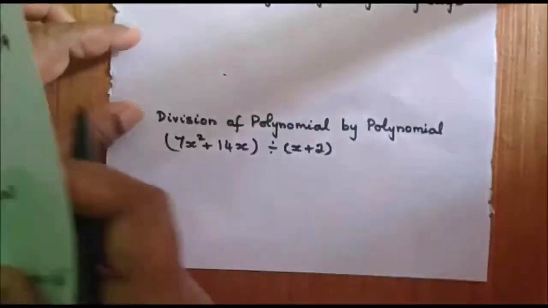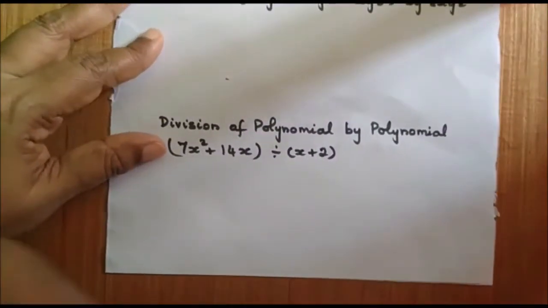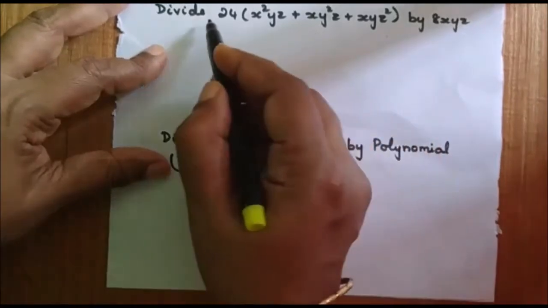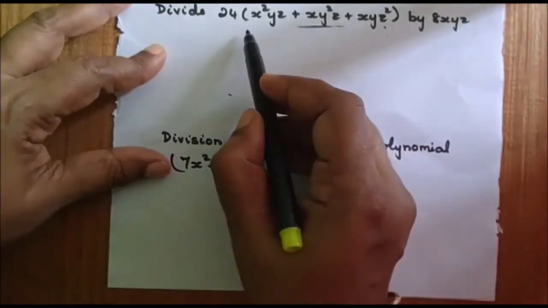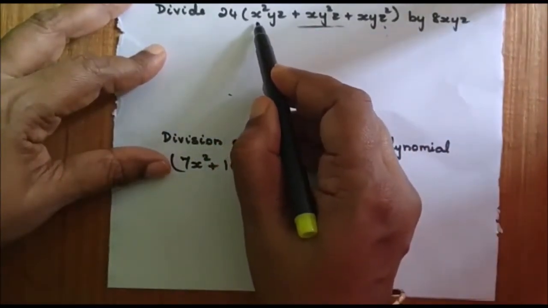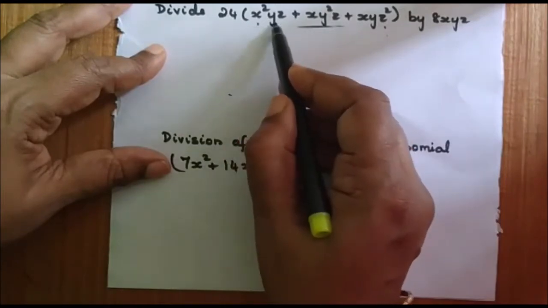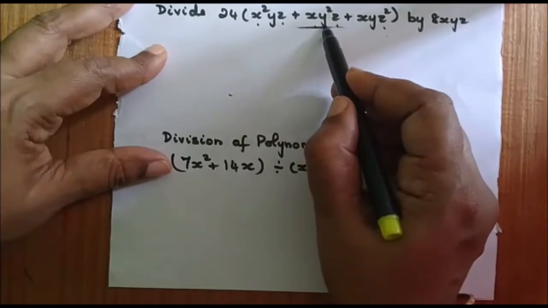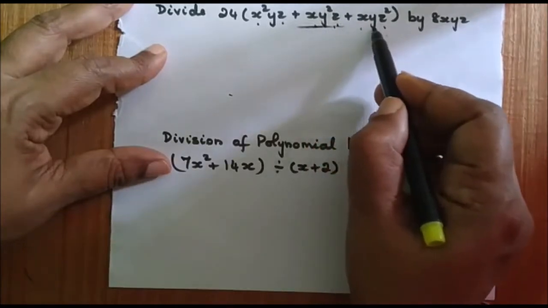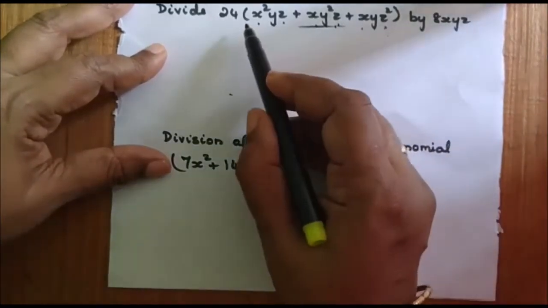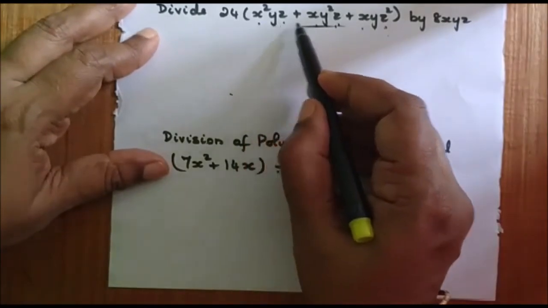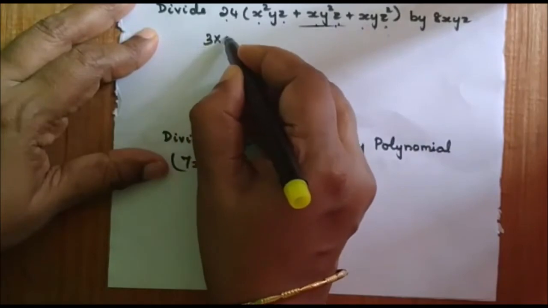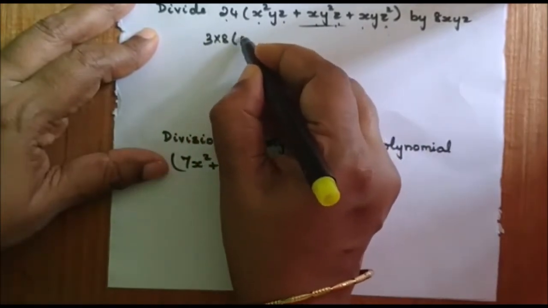Okay. Now we'll do the next sum. That is, you are given an expression and you are asked to divide. Now how can we write this? In this, what are the common terms? x squared yz, xyz, y squared z, xyz squared. Now in this, what are the common terms? xyz is common. 24 can be written as 3 into 8 into x.